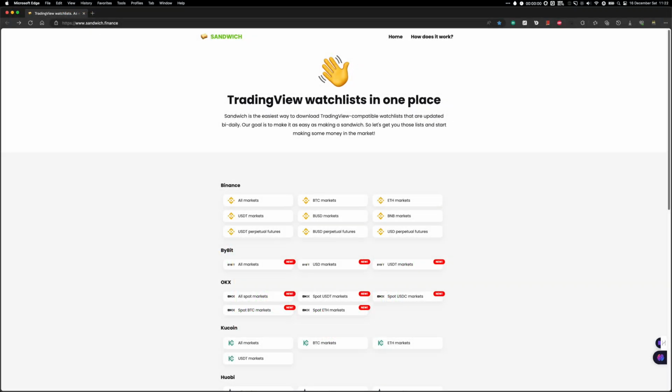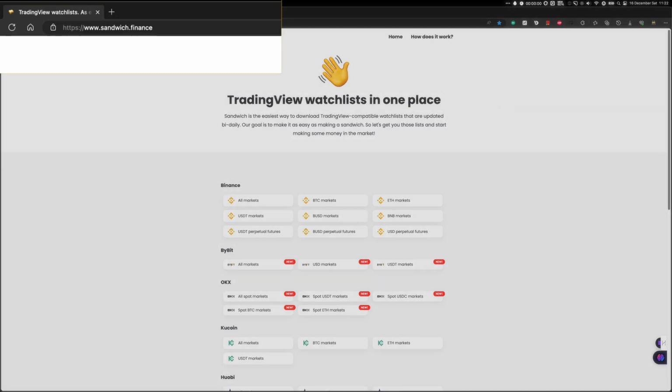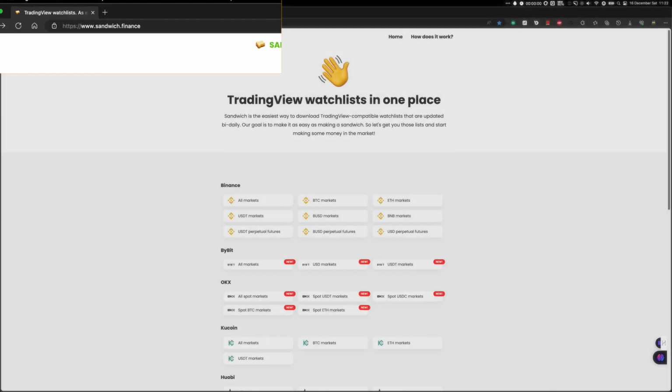First of all, where to get altcoins list for the trading view. Of course, you can add them manually one by one, but there is an easier way to do. First, go to this website called sandwich.finance. Or it could be any website which creates the list of Binance futures coins.